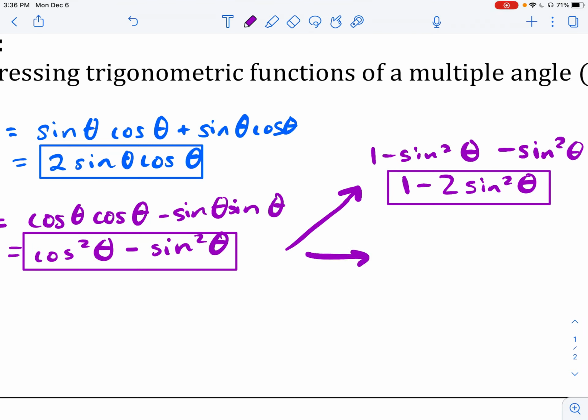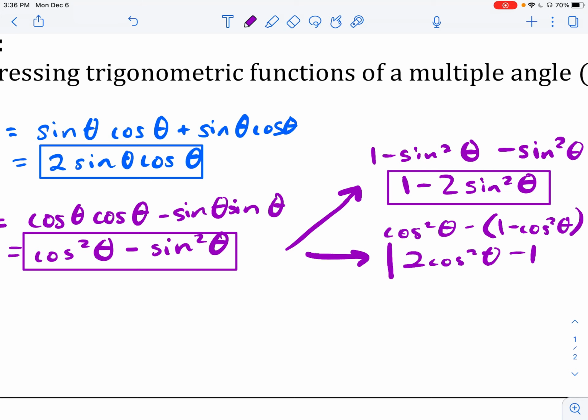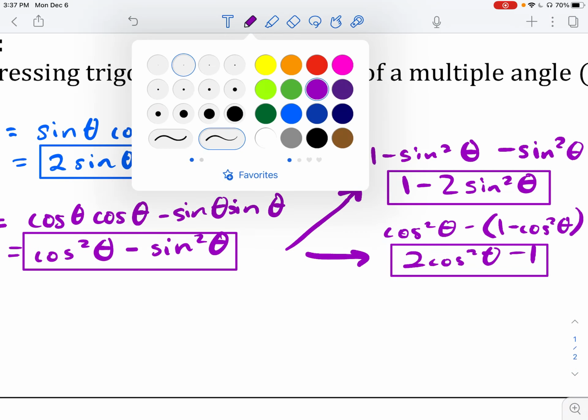In the same way, you could also replace the sine squared theta in our original expression: cosine squared theta minus, instead of sine squared theta, 1 minus cosine squared theta. This is equivalent to 2 cosine squared theta minus 1. So depending on the scenario, you may want to do any one of these three substitutions for cosine of 2 theta.